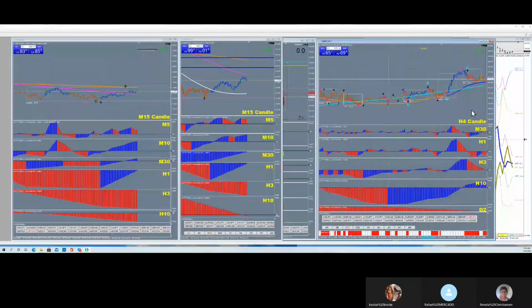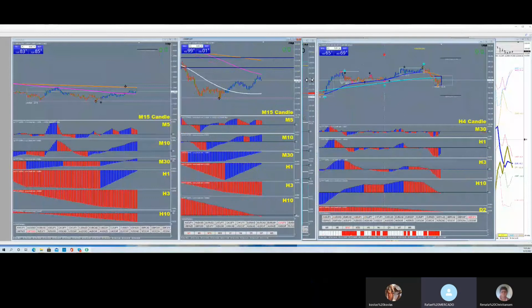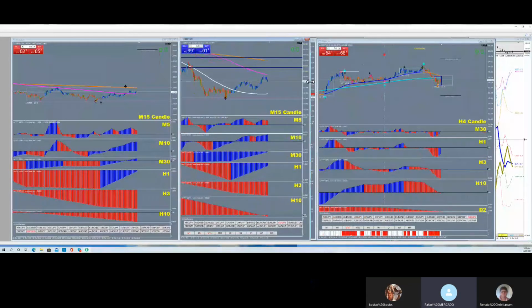Any other pairs you're looking at? Well, Santiago, I know you told me to focus on six, but actually, let me show you how I'm setting up my computer.